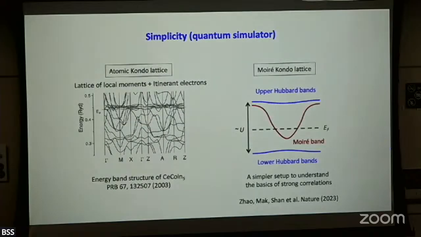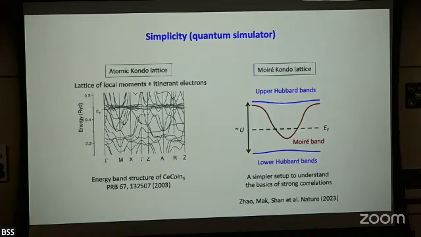Okay, and then the last point I want to bring up is the simplicity. I'll give you an example of this from quantum physics. This is the band structure of a typical representative atomic quantum lattice.